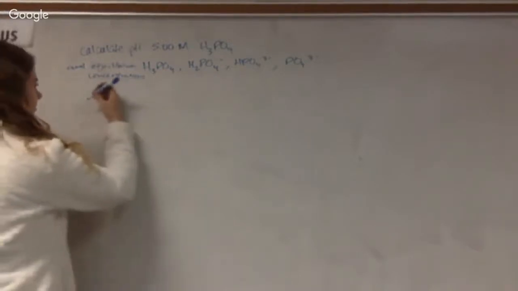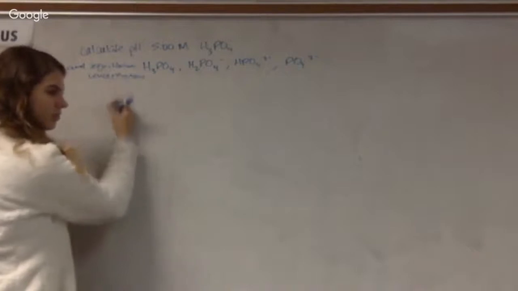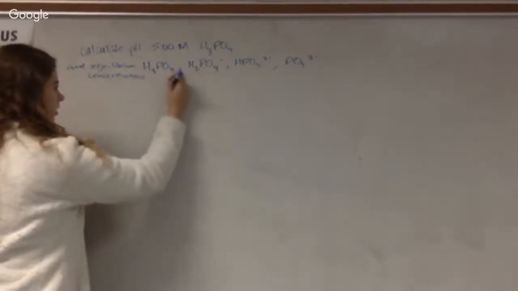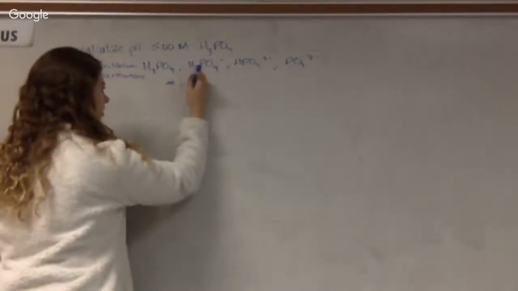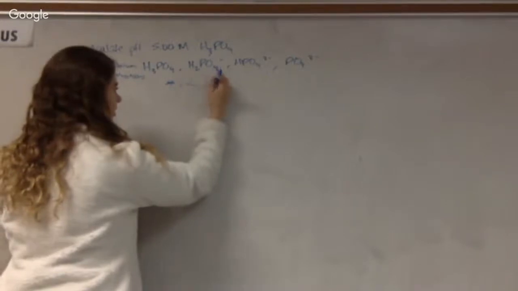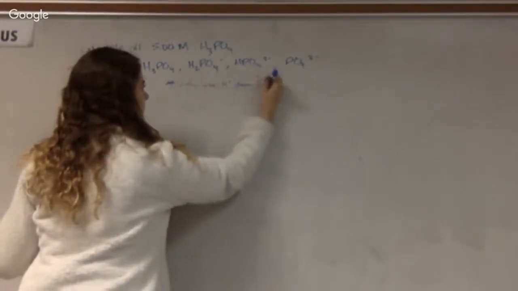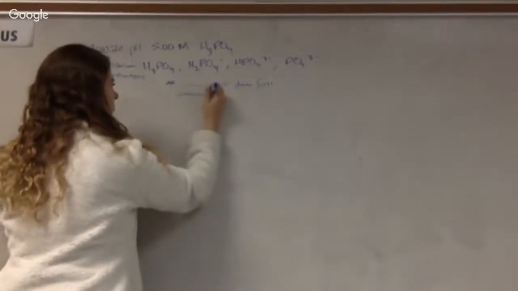So one of the things you need to be aware of, let me emphasize it: whenever you're figuring out the pH of a polyprotic acid, use only the H pluses from the Ka1.